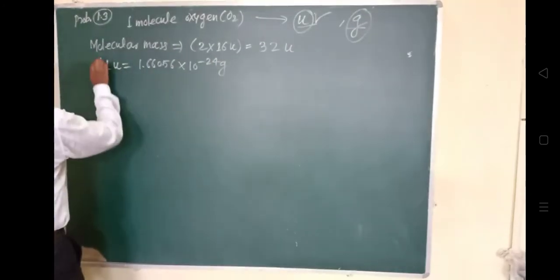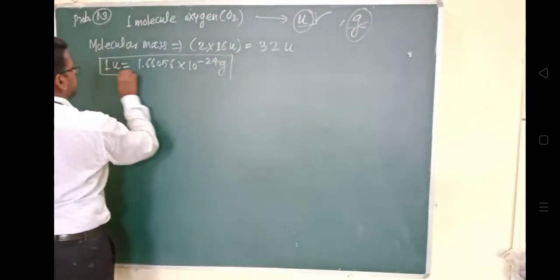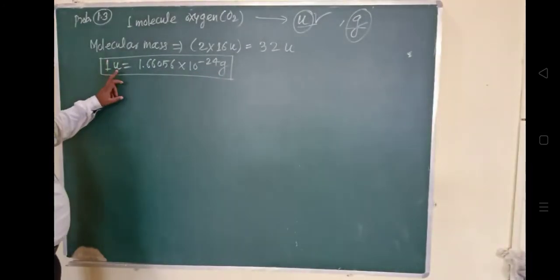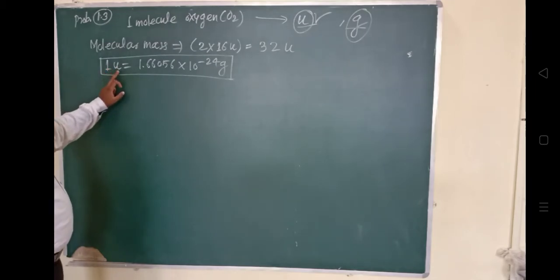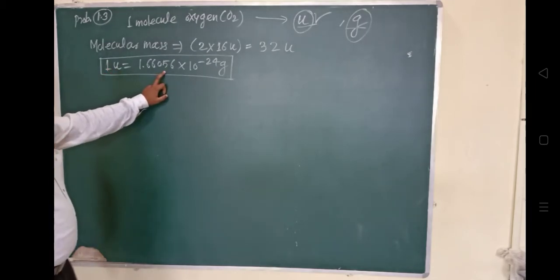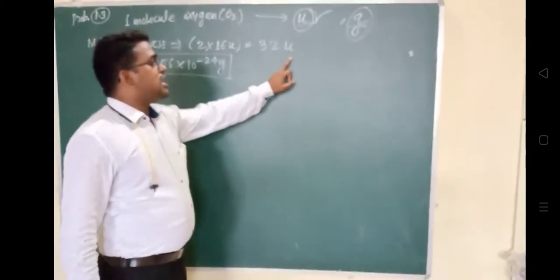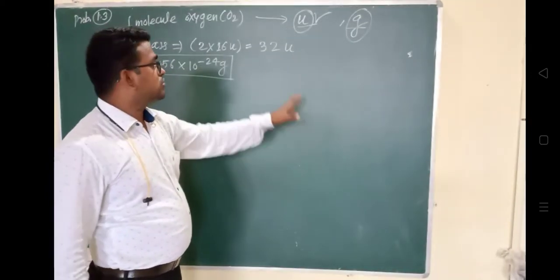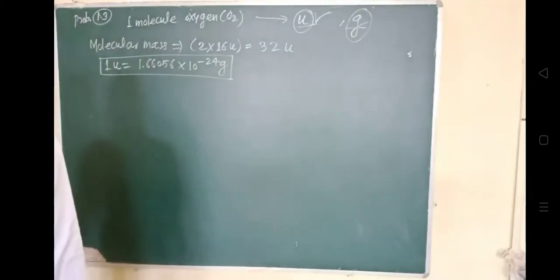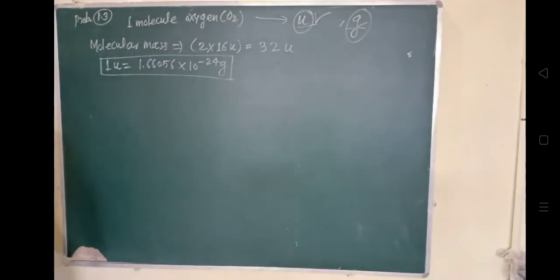Based on this relation we can solve. When one unified mass is equal to this many grams, then 32 unified mass will be equal to how many grams? So we will multiply with this value.